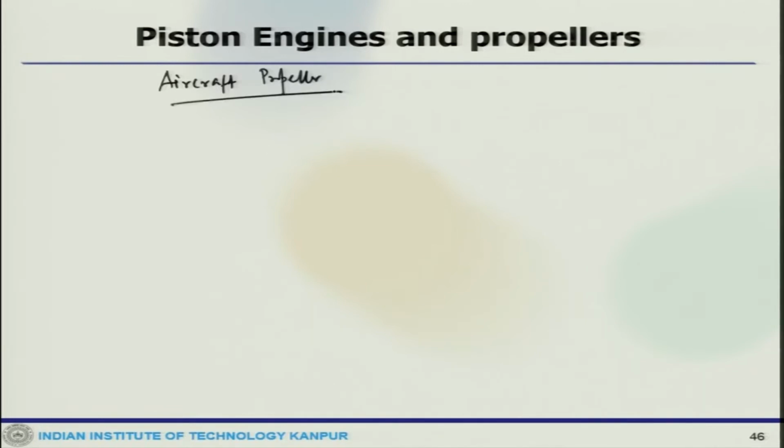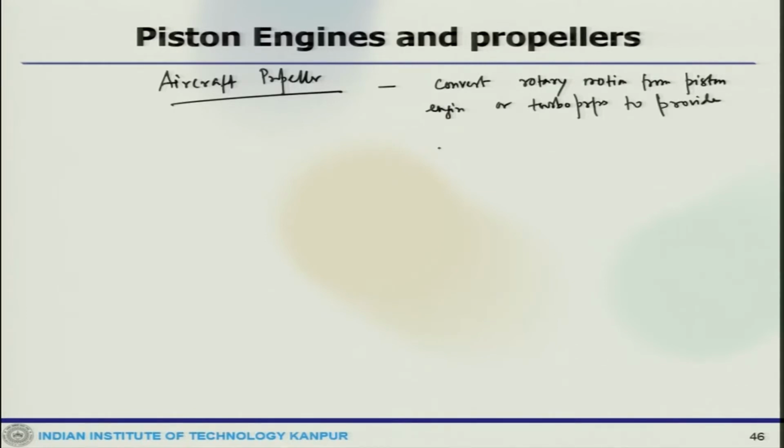What an aircraft propeller does is that it converts rotary motion from a piston engine or turboprop to provide propulsive force.